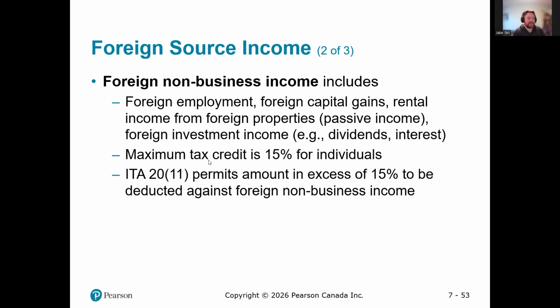Because they acknowledge that this maximum could be less than what the other country paid, the excess amount is treated differently. I'm getting a credit for $15, and that extra $10 I paid will be considered an expense related to that foreign non-business income, so I get to deduct it. I earned $100, my excess taxes were $10, so I subtract the 10 from 100 and now my income is $90.